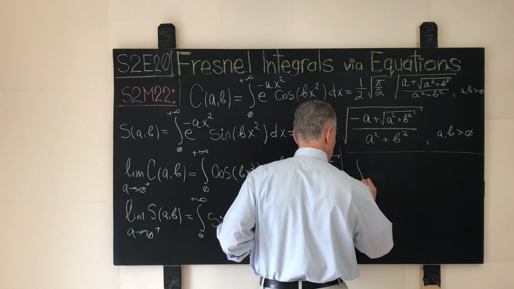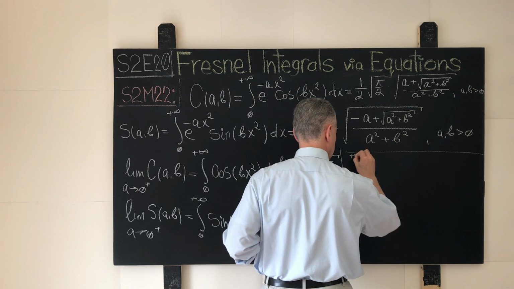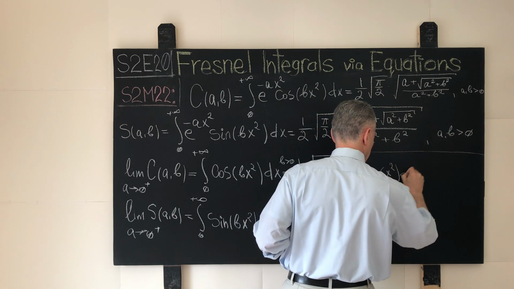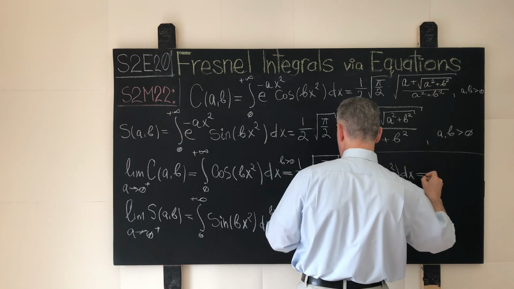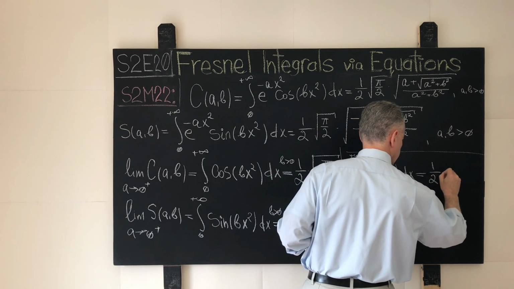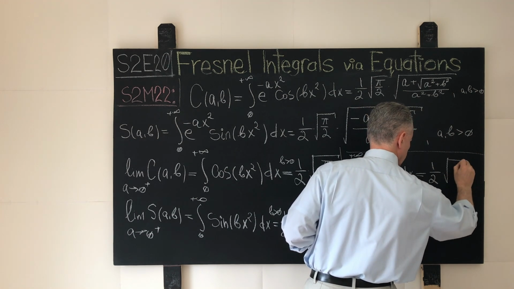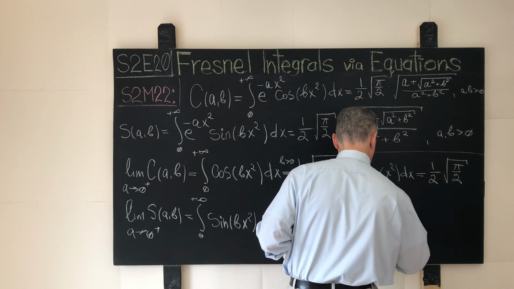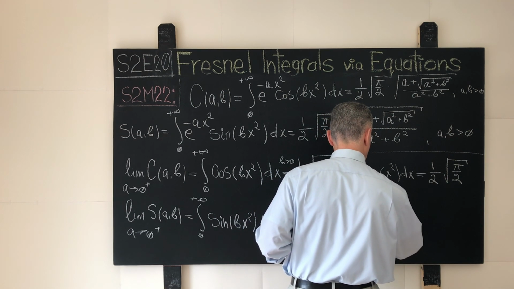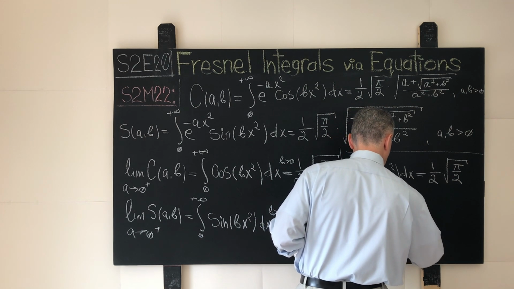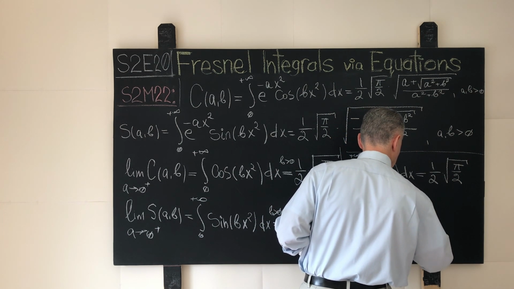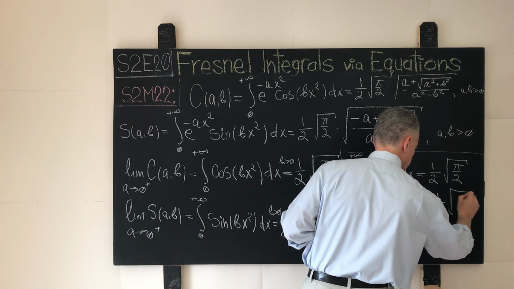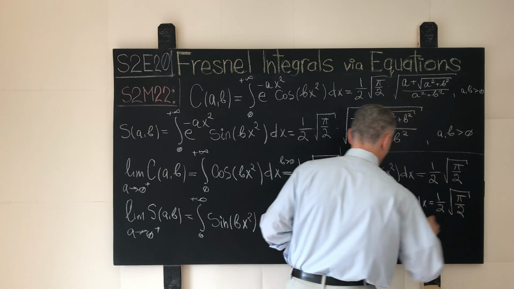For the integral from 0 to positive infinity of cosine of x squared dx, we have 1/2 times square root of pi over 2. For the integral from 0 to positive infinity of sine of x squared dx, we have the same result, 1/2 times square root of pi over 2.